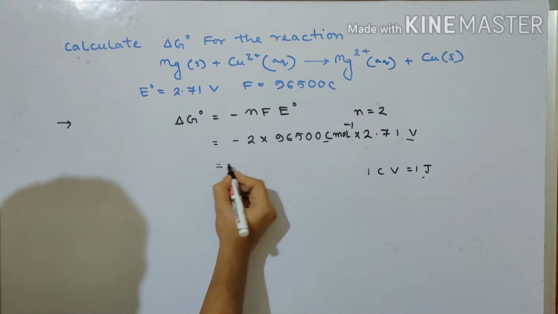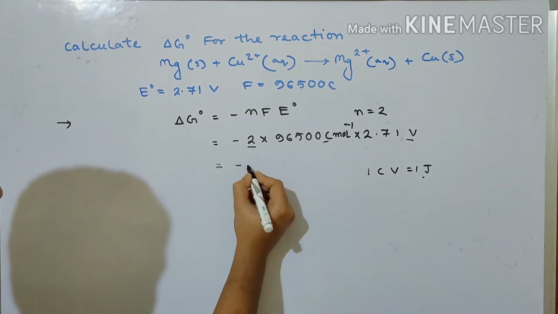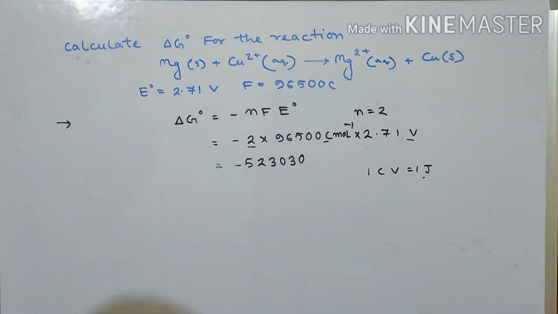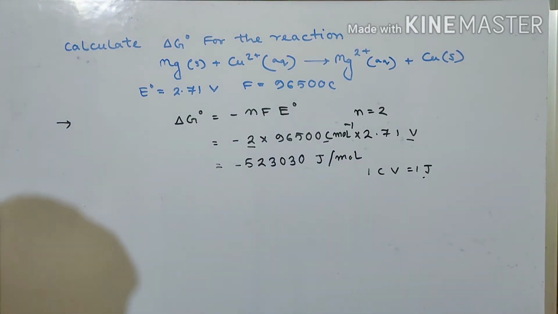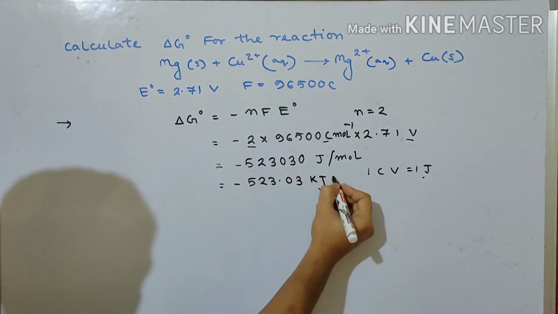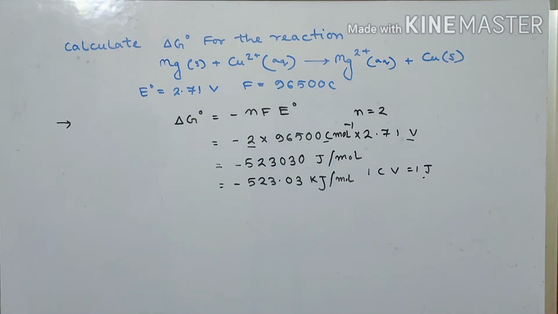So it will be joule per mole. You calculate this numerical part only. As per my calculation, I have done that with the calculator directly. It is coming as minus 523030 joule per mole. So it is minus 523.03 kilojoule per mole. Very, very simple problem, but we have started with a comparatively easy one.